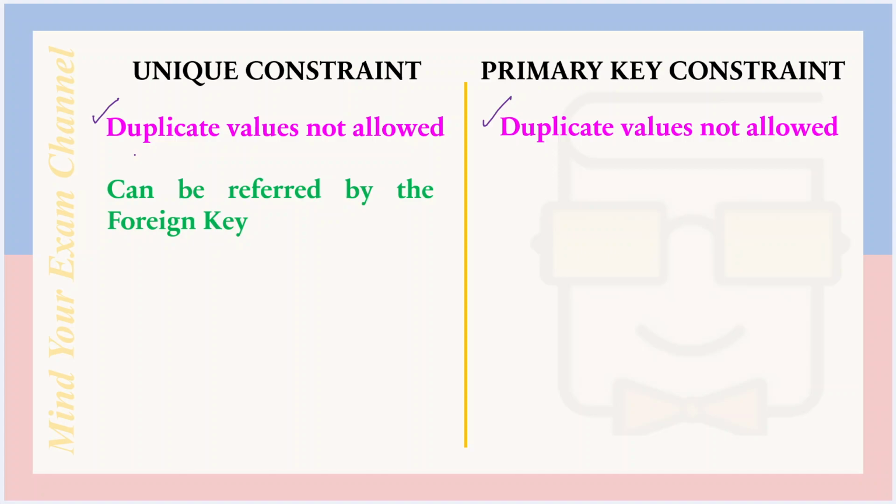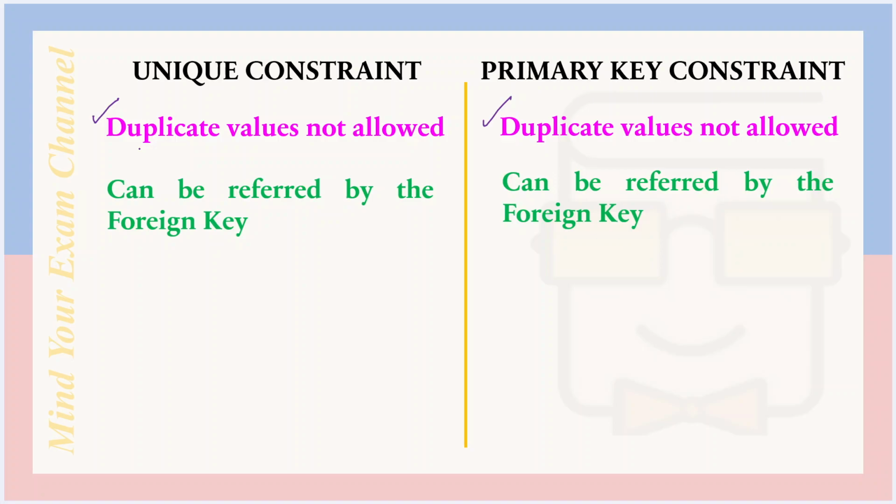Now, another similarity is that a unique constraint can be referred by the foreign key, whereas the primary key constraint can also be referred by the foreign key. When we make a foreign key, I have shared the link of the video in which we created and added a foreign key. In that video, we understood that a foreign key refers to the values of an attribute that is present in another table, and in most cases that attribute is a primary key, but it can also be any unique attribute.